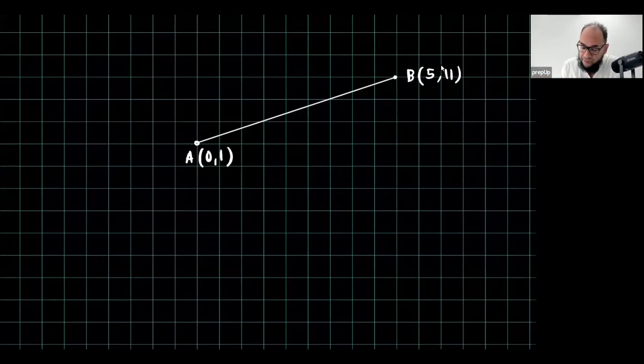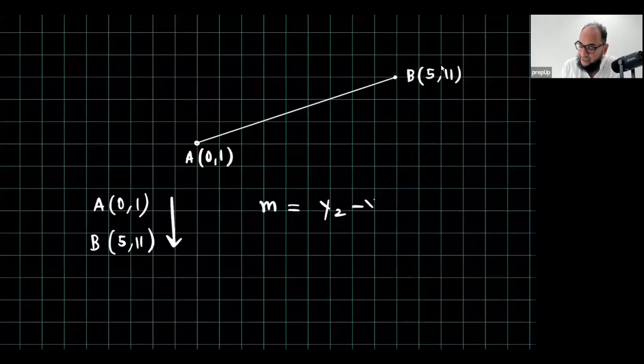So over here, first of all, let me write it again. This is A, 0, 1. This is B, 5, 11. I draw an arrow like this to show that this is the direction in which I'll be doing the subtraction. So first of all, the gradient, that is y2 minus y1 over x2 minus x1. So basically, this is y2, this is y1.